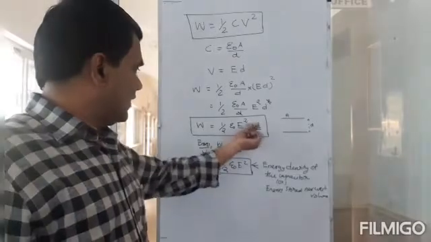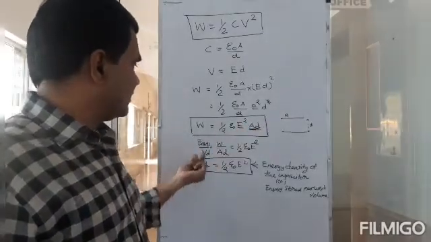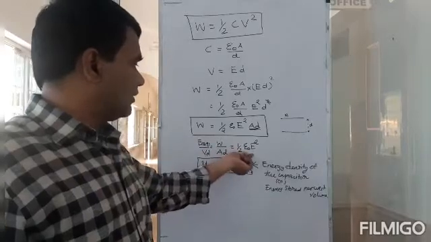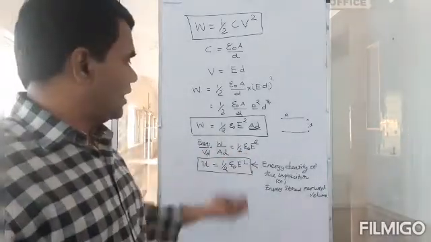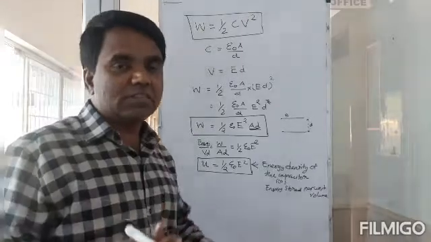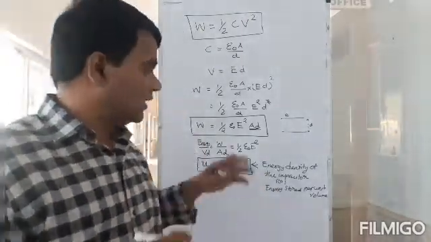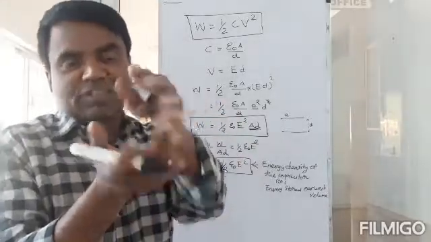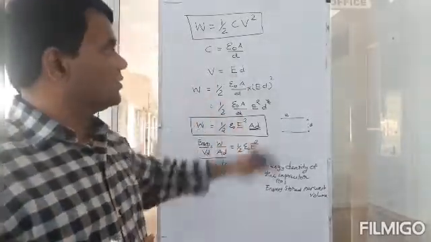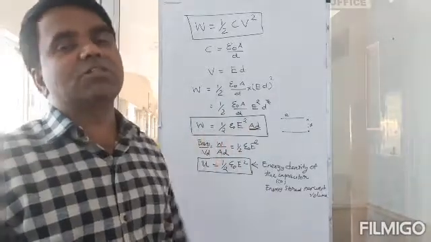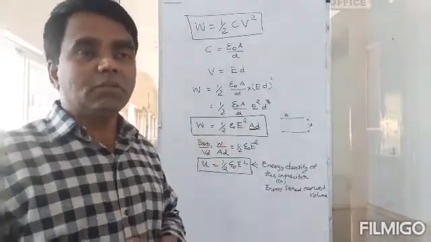So if you bring them to the other side, then it is like energy per volume. So that gives you half epsilon naught E squared. So half epsilon naught E squared is the energy density of a capacitor, or energy stored per unit volume of the capacitor. So this is also an important idea. You will again come across it when you study electromagnetic waves.